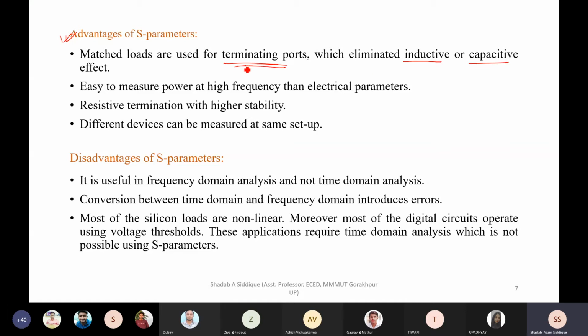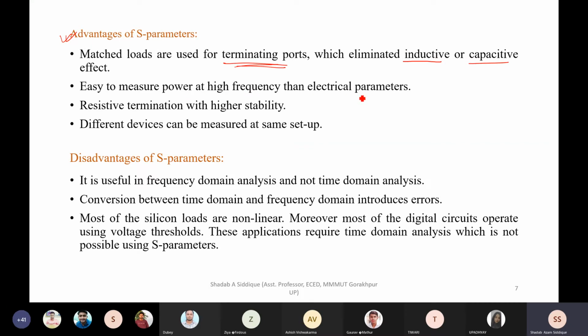If you match your load at the terminating port, the inductive or capacitive effect will be eliminated, and due to this, maximum power will be transferred to that port.